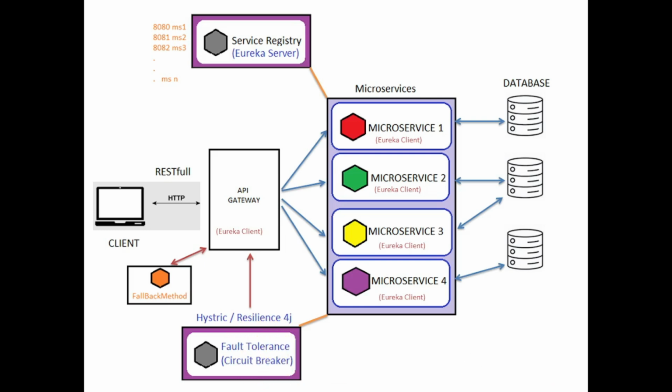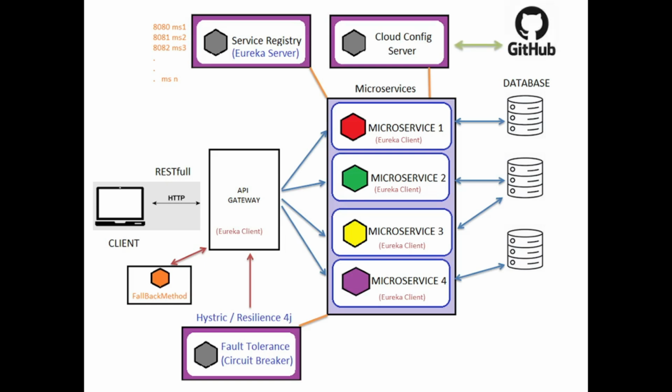So let's create a cloud service called Cloud Config Server, which will connect to Git and commit the common configuration in the application.properties or YAML file. This will help to avoid duplicate configurations. So now we are ready with API gateway, microservices, service registry, fault tolerance, and Cloud Config Server.